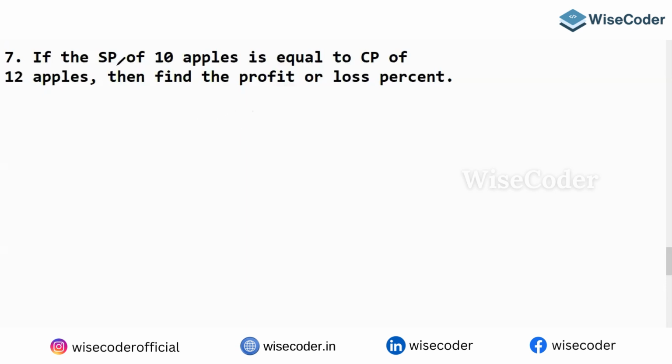Look here. The selling price of 10 apples equals the cost price of 12 apples. So 10 SP equals 12 CP. If you rearrange, SP by CP equals 12 by 10.